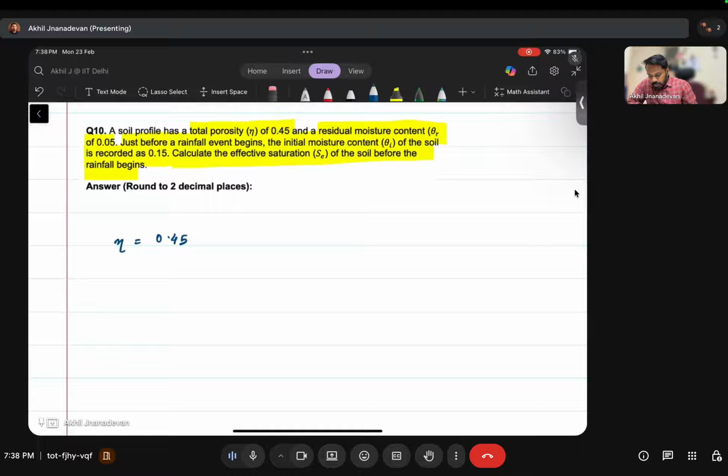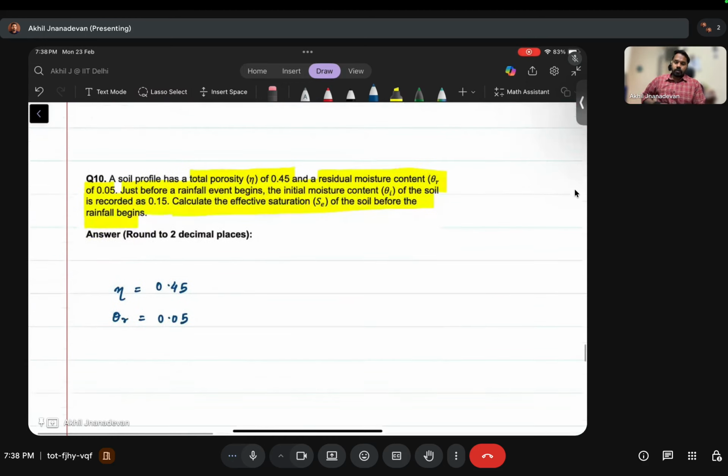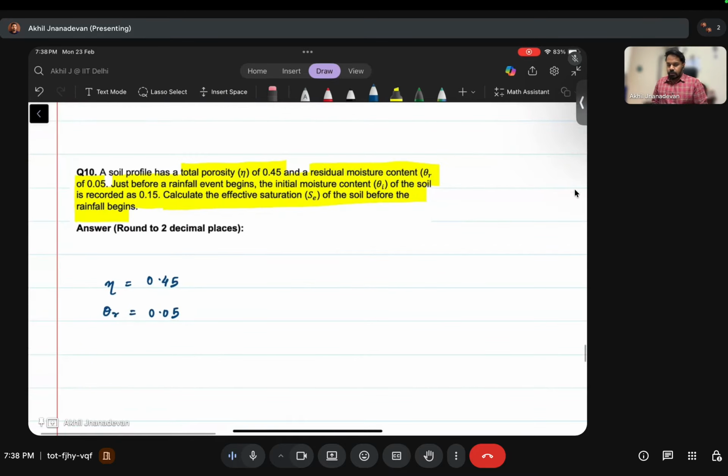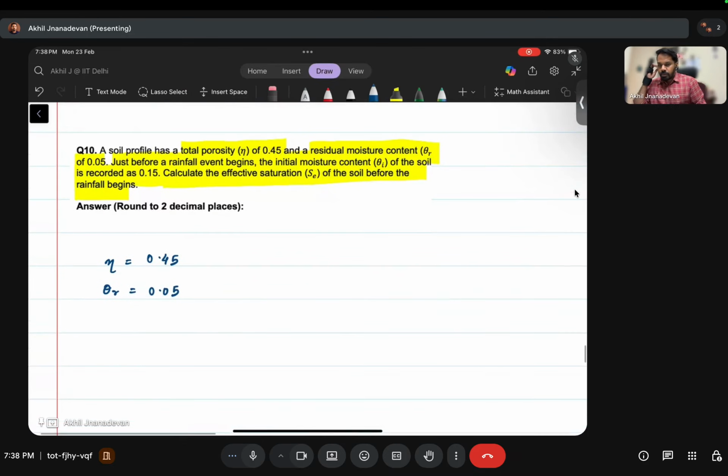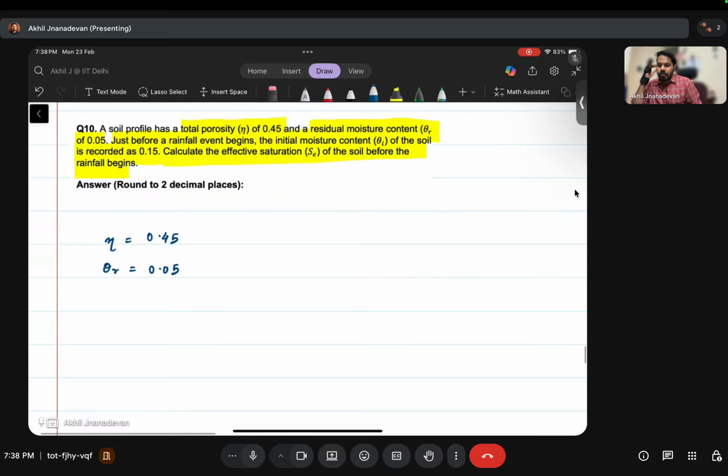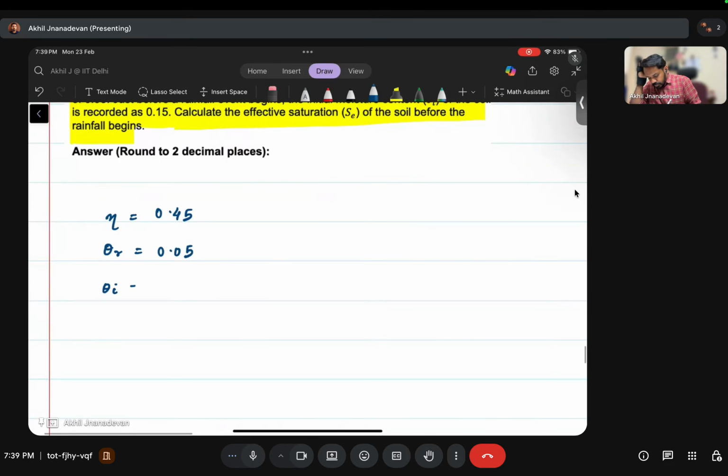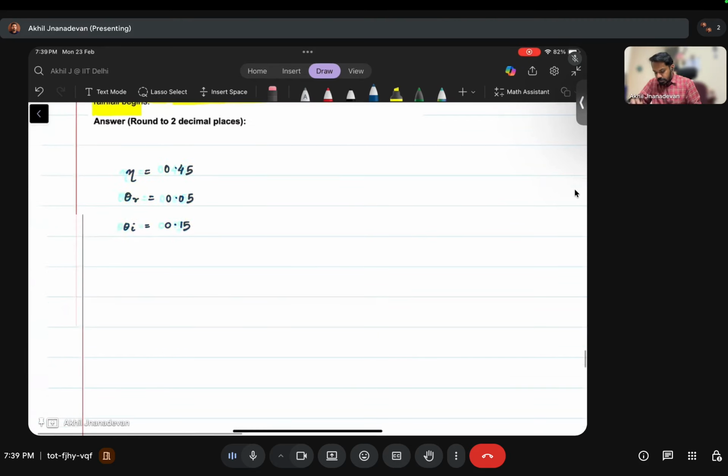Okay. So eta, the porosity, is given, and theta r, the residual moisture content, is also given. That is the moisture content that is there in the soil when it is dried at standard temperature and pressure. And the initial moisture content is recorded to be 0.15, and we have been asked to find the effective saturation, Se.